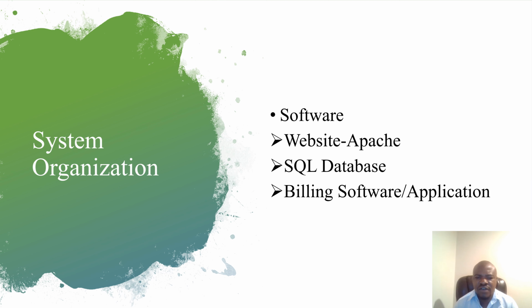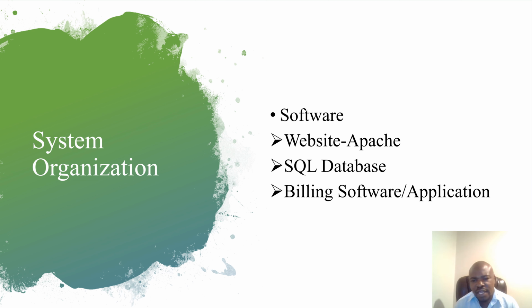Then we'll have an SQL database as our second software. And there are several reasons why I chose the SQL database, because the SQL database makes it easy for multi-row transactions, which would be good for this bike sharing project.